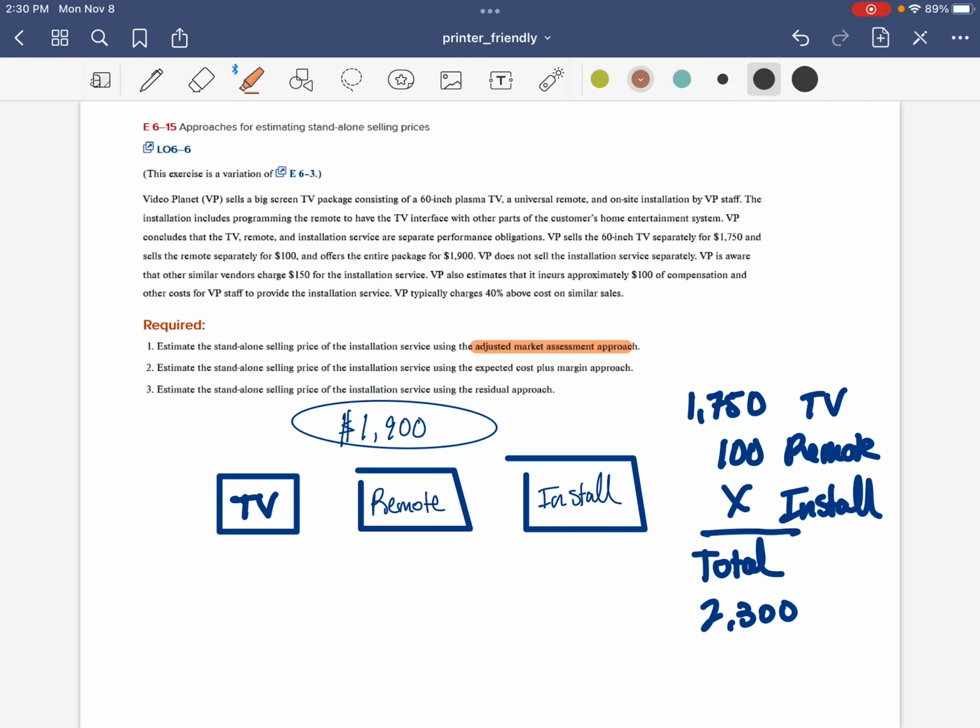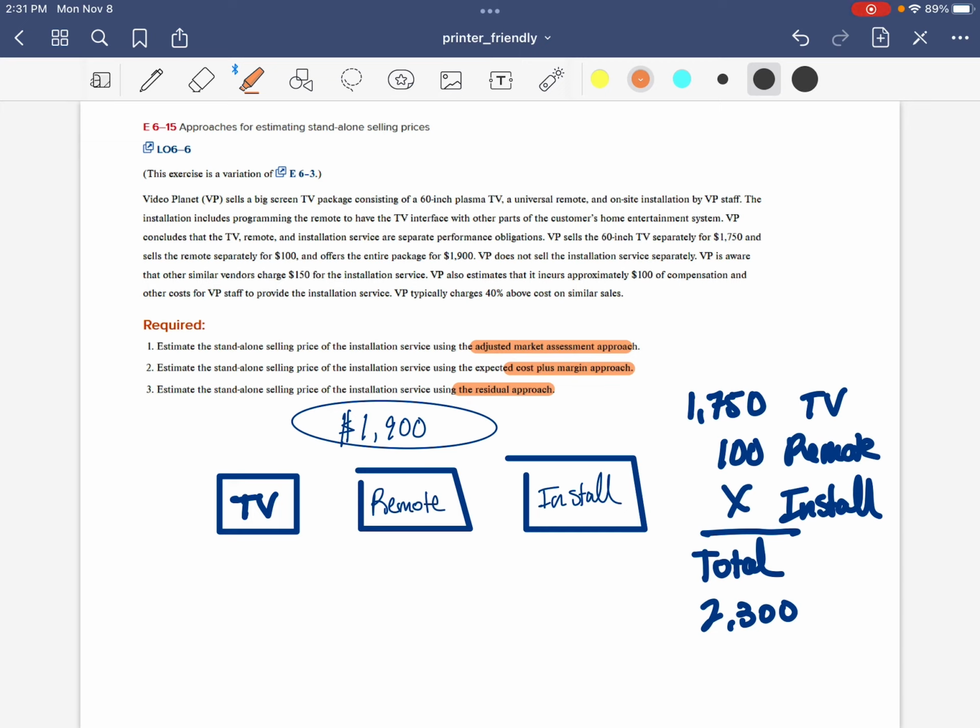The second approach is to take your cost: how much does it cost you to provide the installation? The third approach is the residual approach. You know how much the TV and the remote cost, and you have an idea of what the package costs, so we can back into whatever the install cost is.